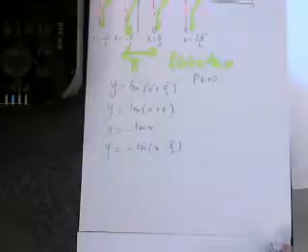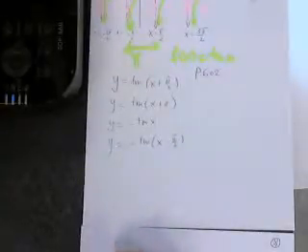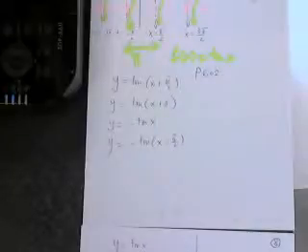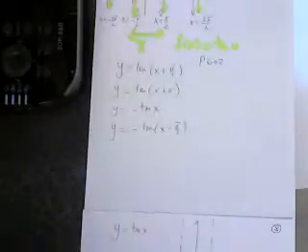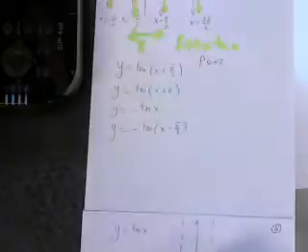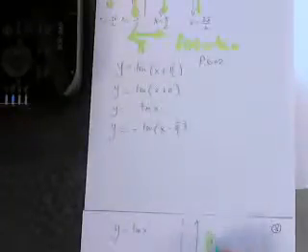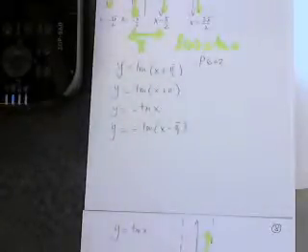Okay? So I know how to graph tangent. So y equals tangent x is this. Very similar to x cubed, but x cubed does not have asymptotes. So here's my graph. This is the graph of tangent.